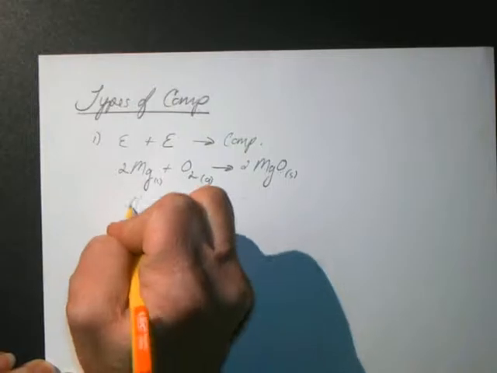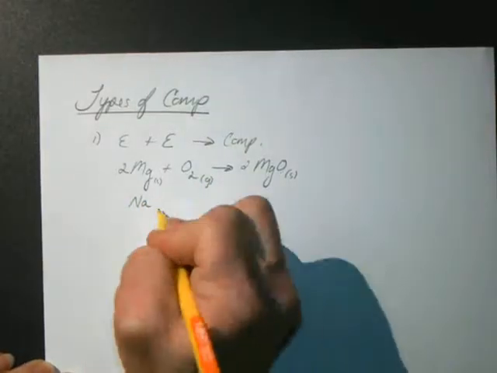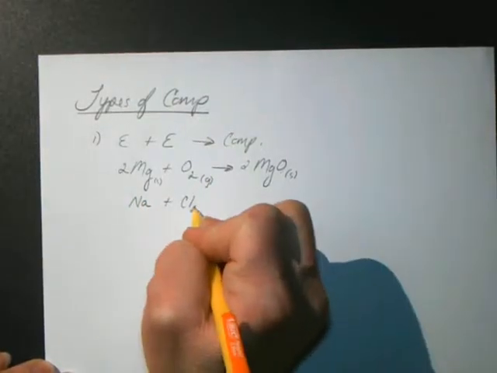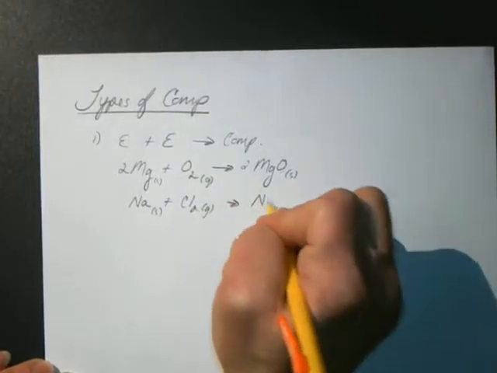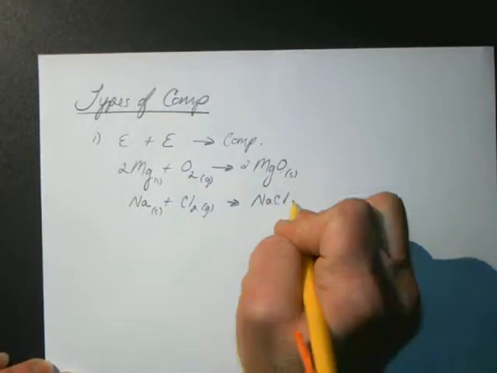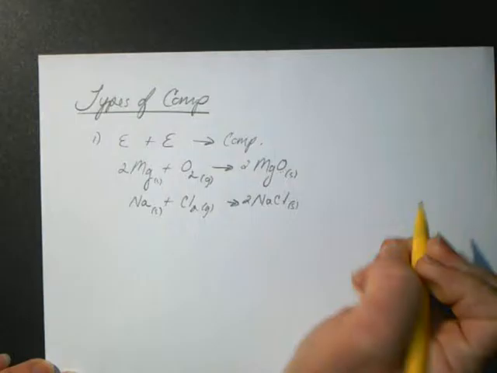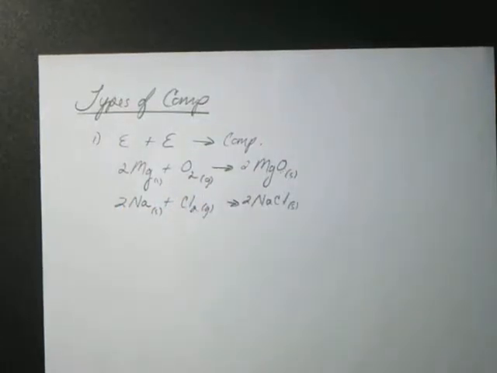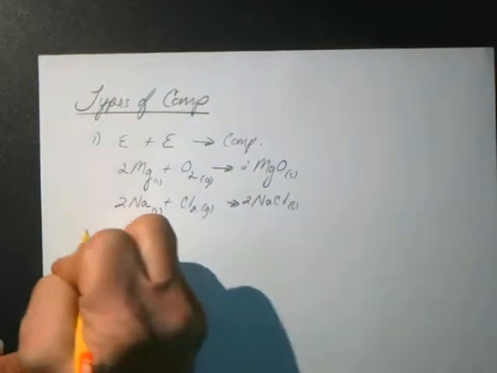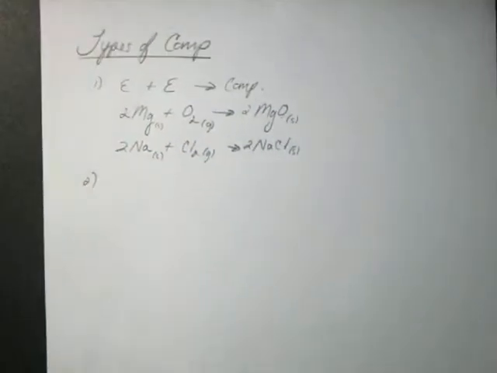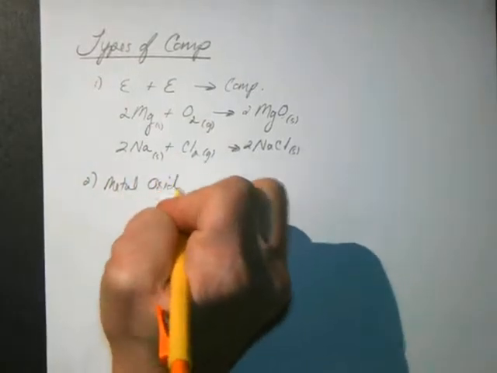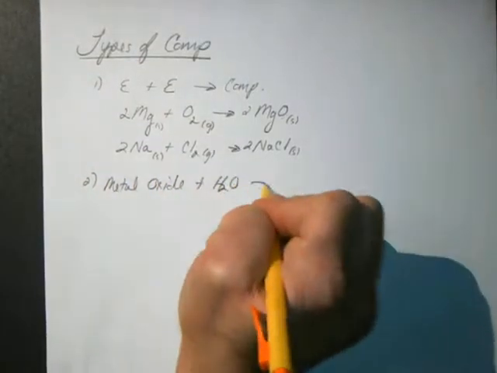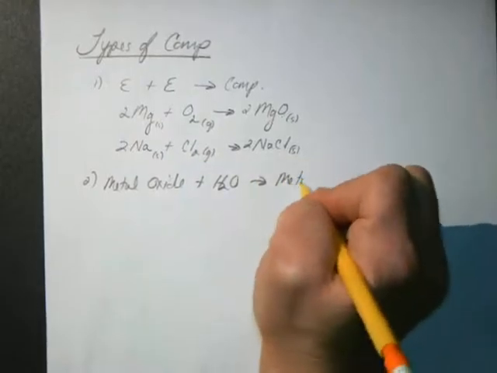If we would combine sodium in the presence of chlorine, that will form sodium chloride, +1 -1, and we need a 2 and a 2 to balance there also. The next main type is if we react a metal oxide plus water, we create a metal hydroxide.